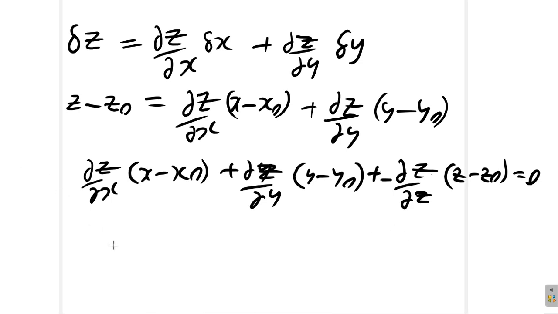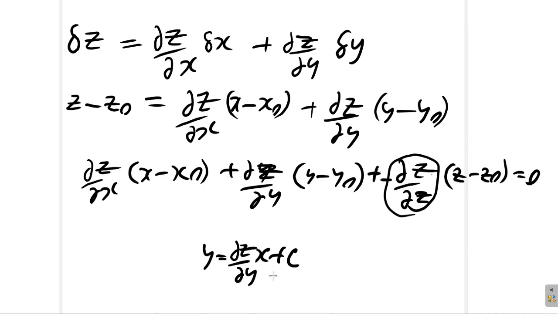Now here, when it comes to the normal line, you remember that y equals mx plus c. We're going to come back to this negative 1 thing later on. Now the m is a gradient, is a gradient function, is a derivative. So this would be delta z by delta y.